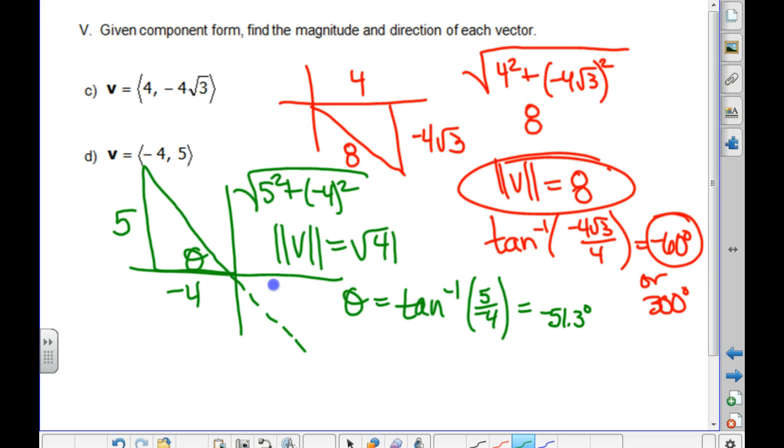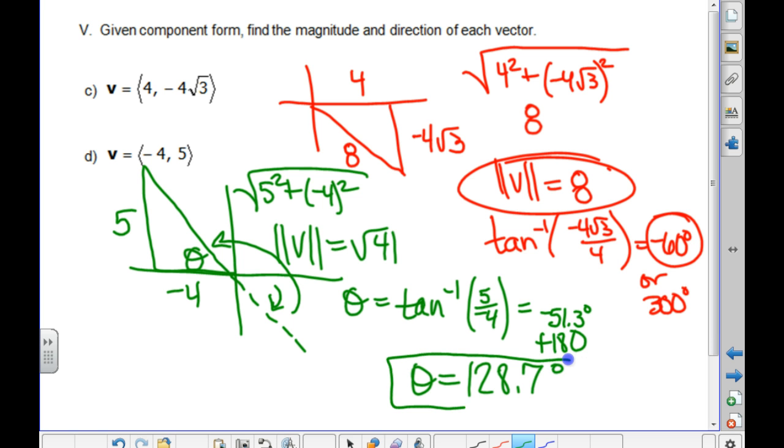Yes, to get it over to this quadrant, we need to add 180 to that. So it's 128.7, okay.